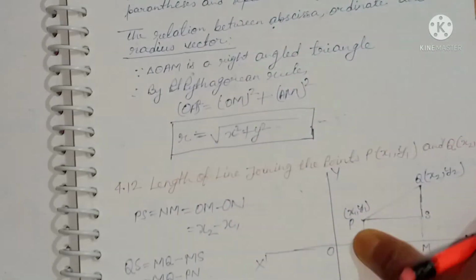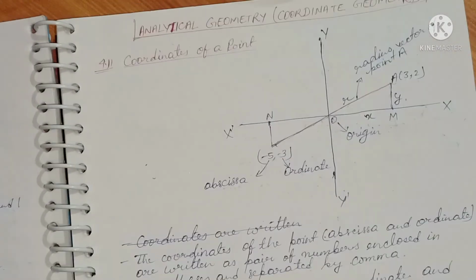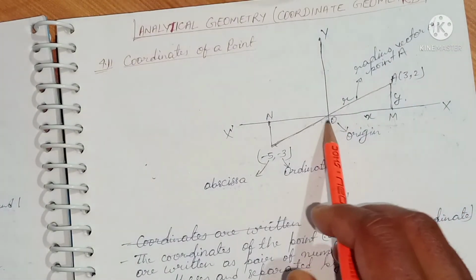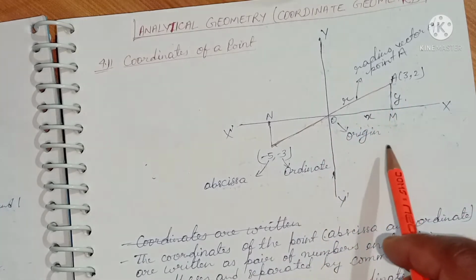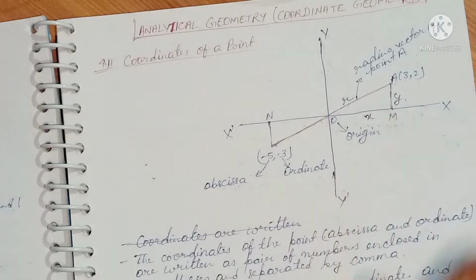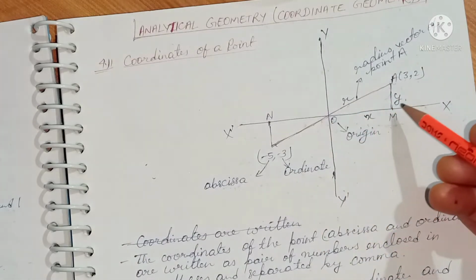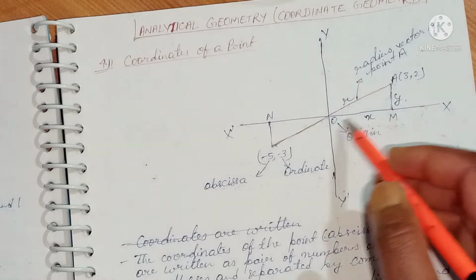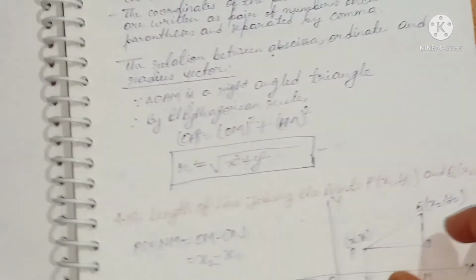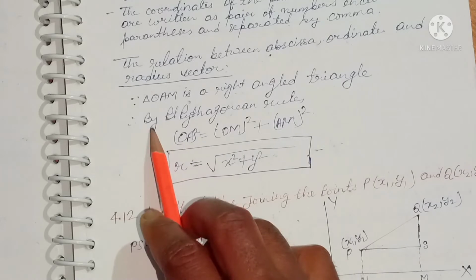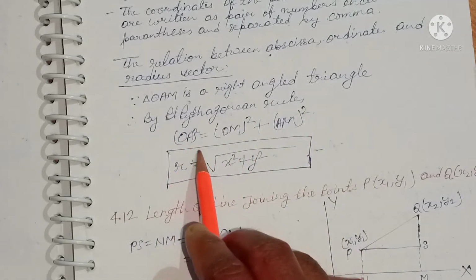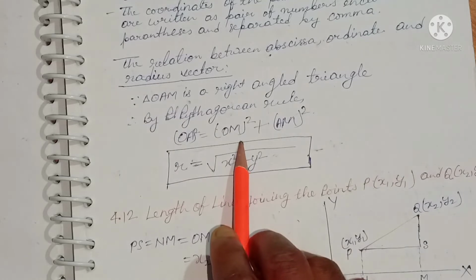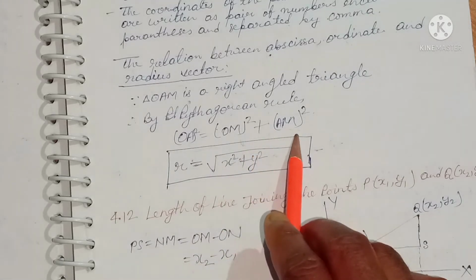So now you can see the relation between abscissa, ordinate and radius vector. In this figure, OAM is a right angle triangle, and according to Pythagoras theorem, hypotenuse square equals perpendicular square plus base square. So by the Pythagorean rule we can write down OA square, that is the hypotenuse, equals OM square, that is base, plus AM square, that is perpendicular.